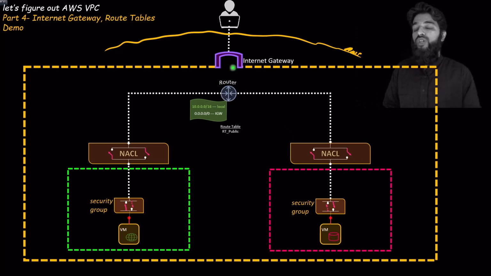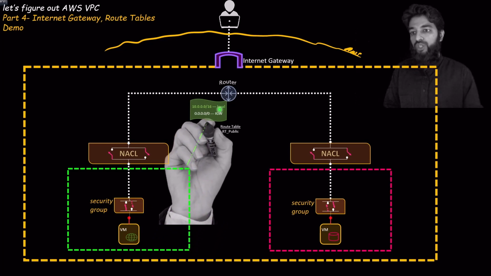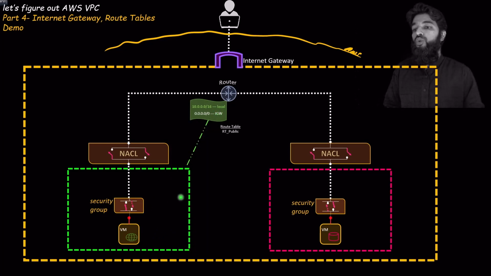With this, the router knows how to handle received traffic, and you need to attach this route table to your subnet. Once you do that, the router knows that any traffic received from the internet gateway needs to be forwarded to your SN web, the subnet of your web servers.